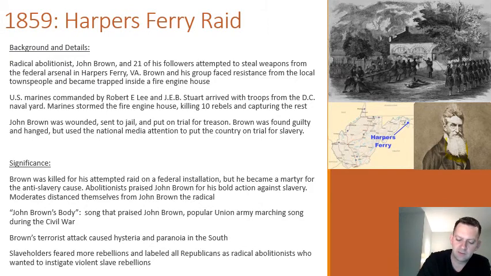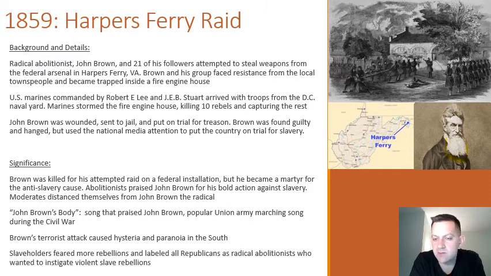John Brown is stuck in the building. He hears a knock on the door. Brown is alerted that Robert E. Lee and his Marines are surrounding the fire engine house, and that if they don't come out, the Marines are going to break down the door SWAT team style. Brown refuses to budge.